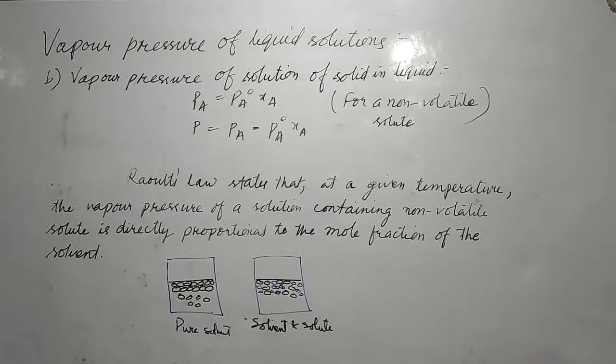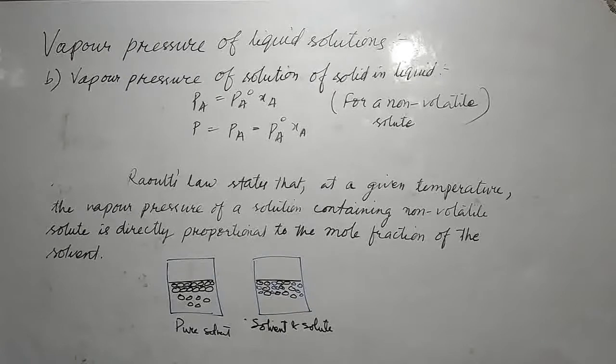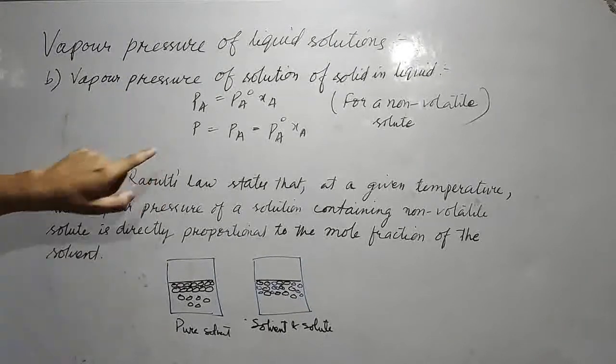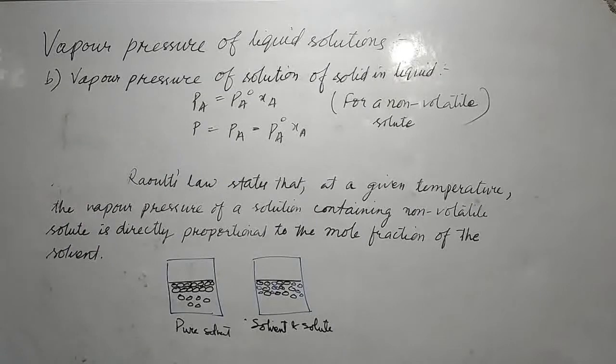Now let us see this one, the first part. We have two components, one is the volatile solvent, the other is the non-volatile solute.